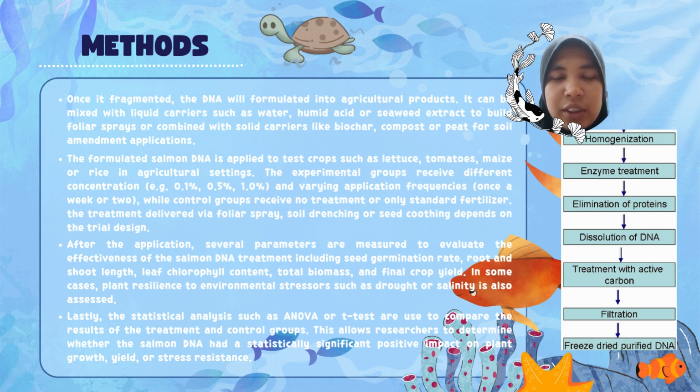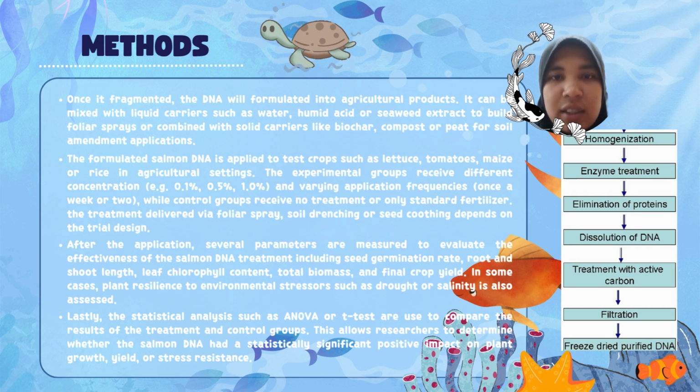After the application, several parameters are measured to evaluate the effectiveness of the salmon DNA treatment, including seed germination rate, root and shoot length, leaf chlorophyll content, total biomass, and final crop yield. In some cases, plant resilience to environmental stresses such as drought or salinity is also assessed.